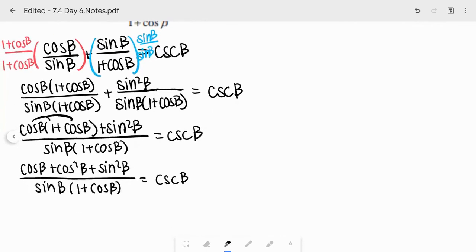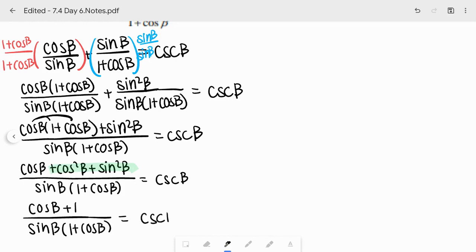Okay. Now I can see that cosine squared plus sine squared equals 1. So let's write this as cosine of beta plus 1 over sine beta times 1 plus cosine of beta is equal to cosecant of beta. Now I can actually just cancel that out, and I'm left with 1 over sine of beta, which equals cosecant. So we have proved this identity.